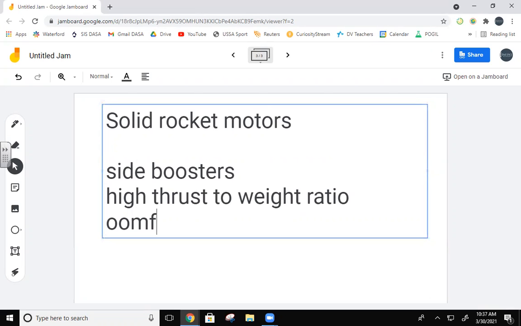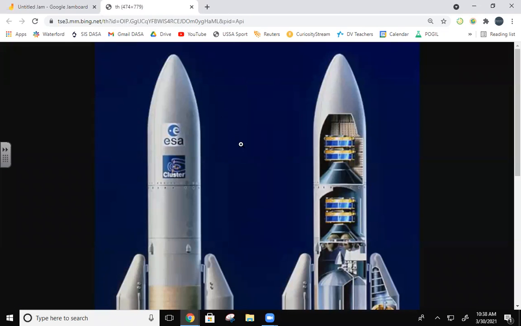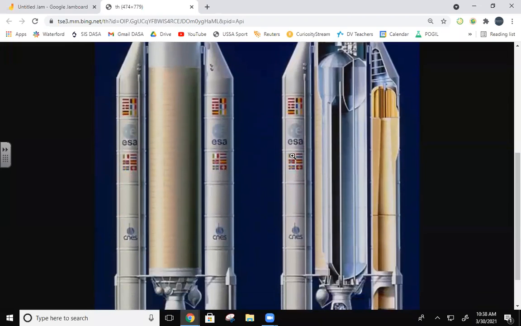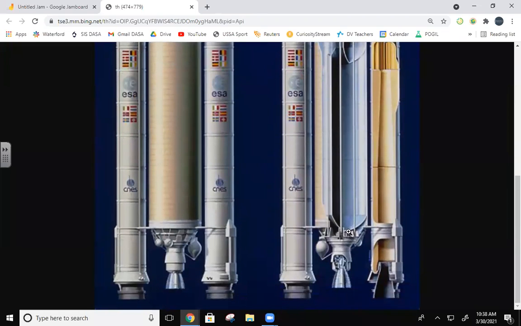The classic example is the space shuttle, but there are also solid rocket boosters on the Ariane 5. Right here. So if we check this out, this is a liquid rocket motor, just a single one on the core stage, and then it has two solid rocket boosters on the sides.